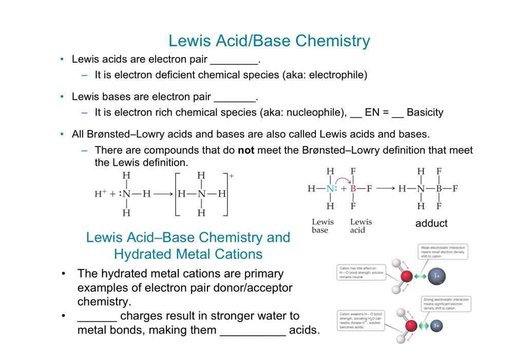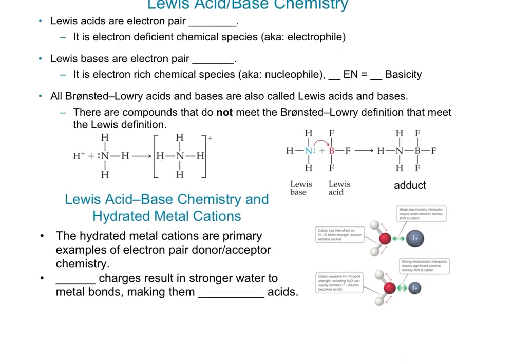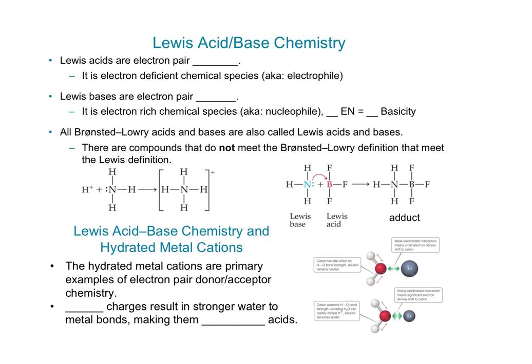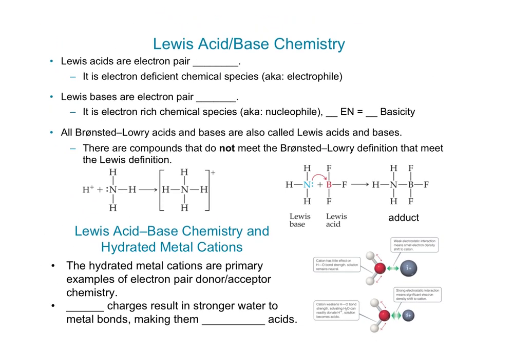So now instead of dealing with protons and proton donors and acceptors, we're going to think about electrons. What's kind of cool about this is the Lewis definition still works with Bronsted-Lowry. If I had my little hydronium over here, and it was going to be donated onto a water, for example, or even ammonia, it's going to need an electron lone pair.